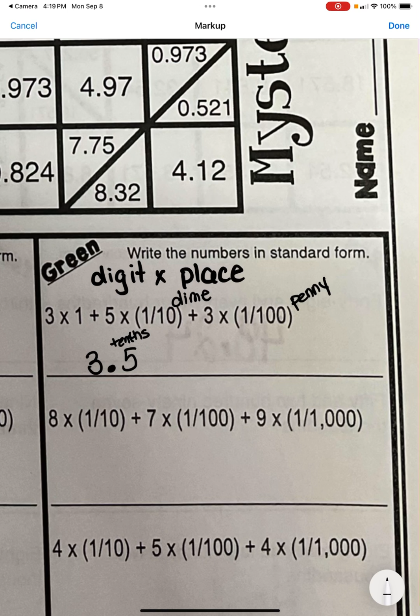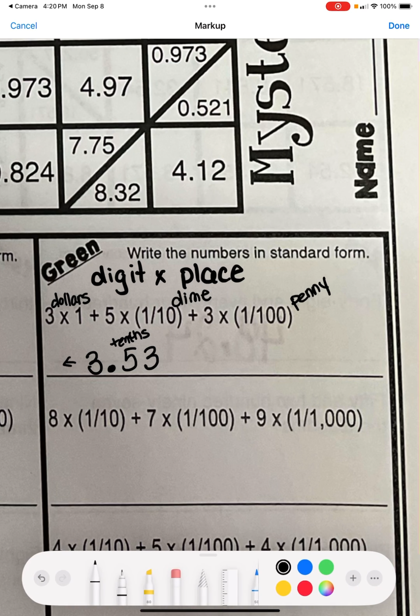Any number in the ones place or going forward to the left would be dollars. So 3 times 1 gave us 3. 5 times 1/10 is 5/10, and then 3 multiplied by 1/100th is 3.